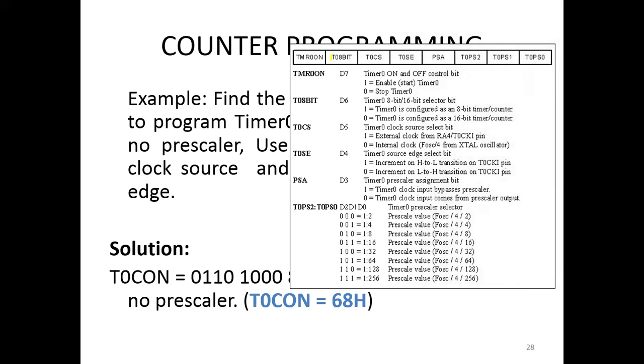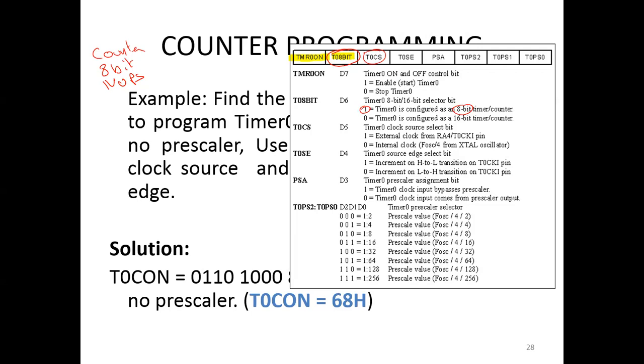First of all, this bit is 0 or 1 before starting? 0. While you are making the configuration, this bit is 0. Timer 0 8-bit, 0 or 1? 1. Why 1? Because we need 8-bit mode, so this bit should be 1.